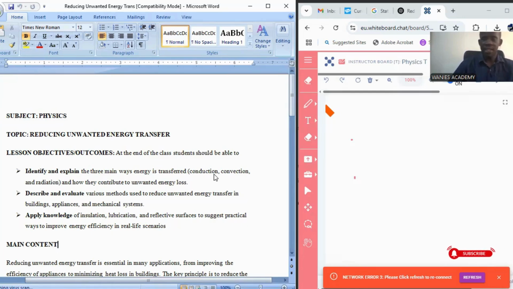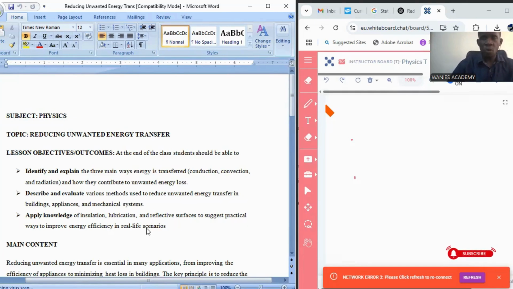Then our lesson objective number 2 is to describe and evaluate various methods used to reduce unwanted energy transfer in buildings, in appliances, and in any mechanical system. Then the last one, how do we apply this knowledge? I see that is the crux of the matter.